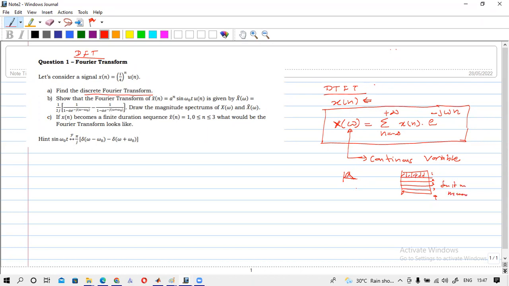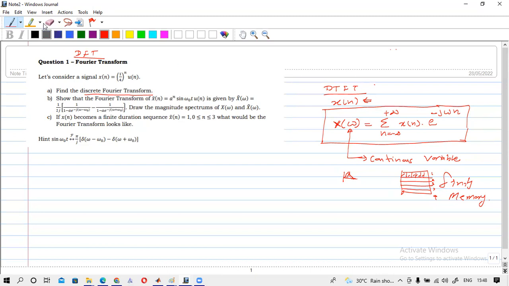You have to store finite values here, but you would have to store infinite values, so that is not possible. That is why we can't manipulate a continuous signal with electronic devices, with digital electronics.